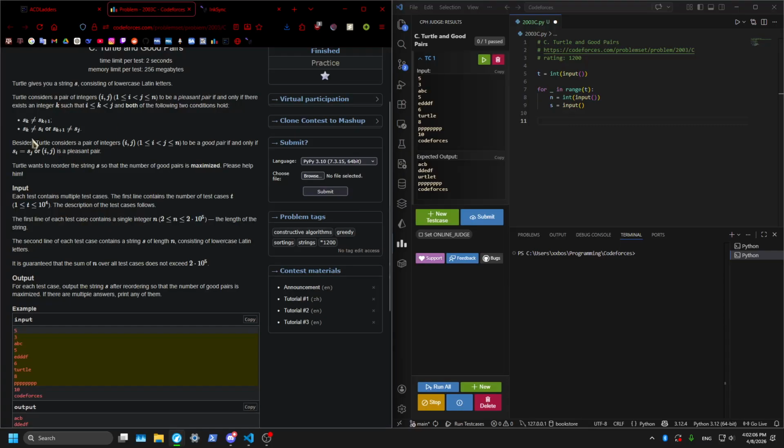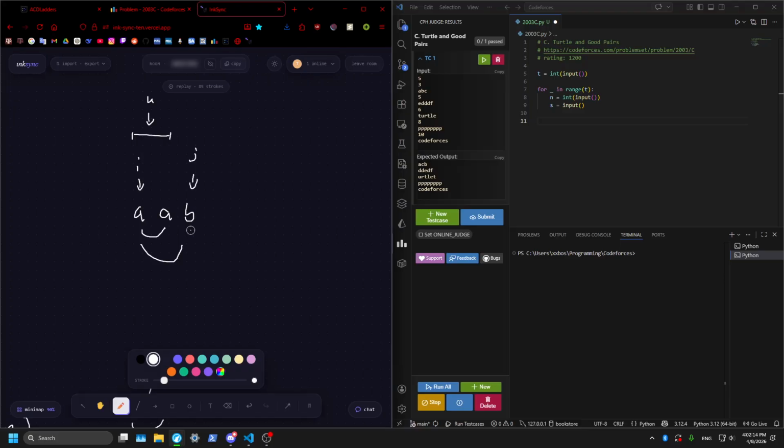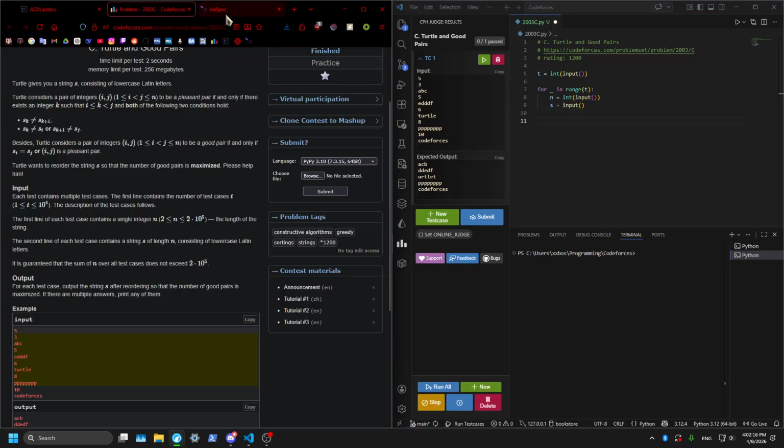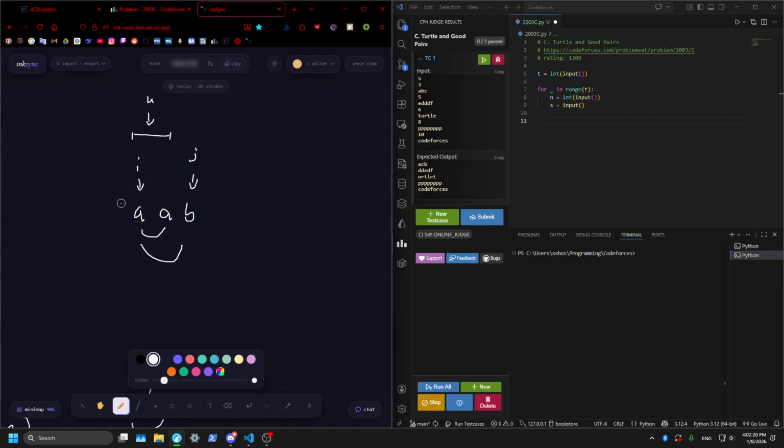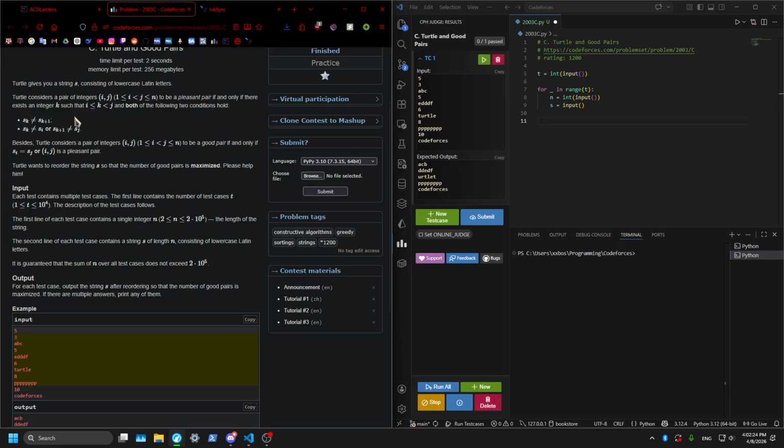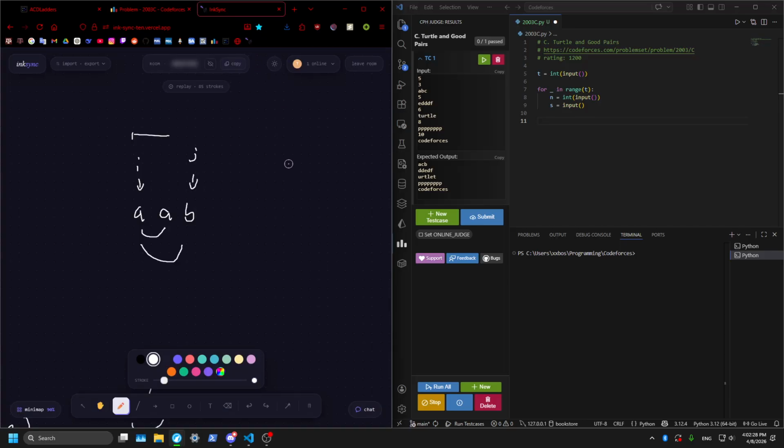But then s_{k+1} is B, which is equal to s_j. So this is not a pleasant pair at all. Because for the second one, if I choose this as i, then s_k will be equal to s_{k+1}. So this only has one pleasant pair.